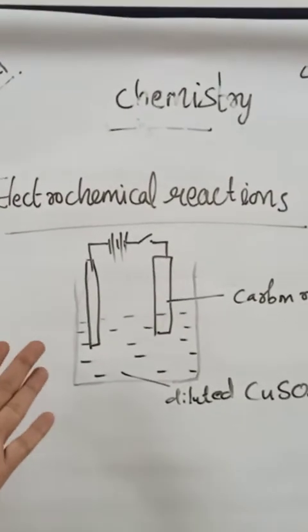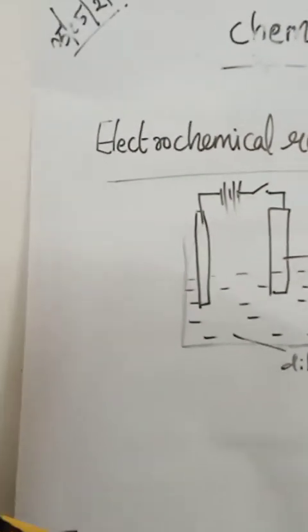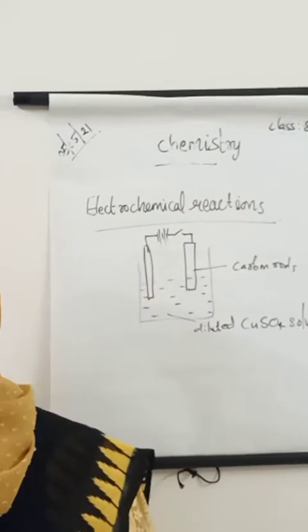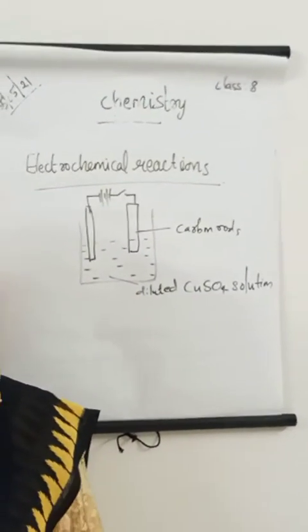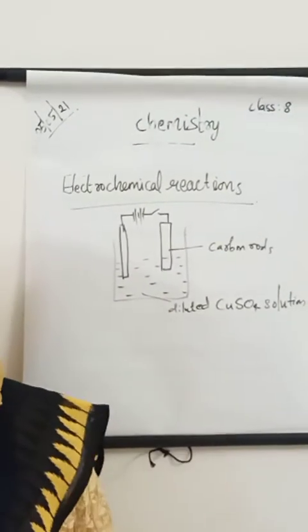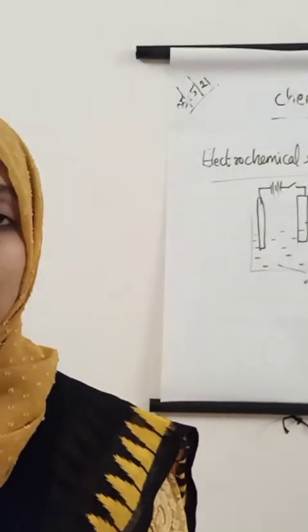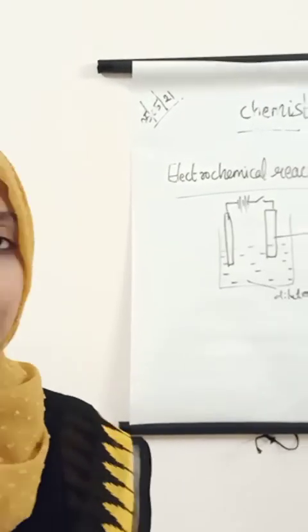When we pass electricity, that is when the battery switch is on, we have to observe the changes happening to this solution. What are the changes we can observe from this experiment after passing electricity? You have to write your observations in your activity card.